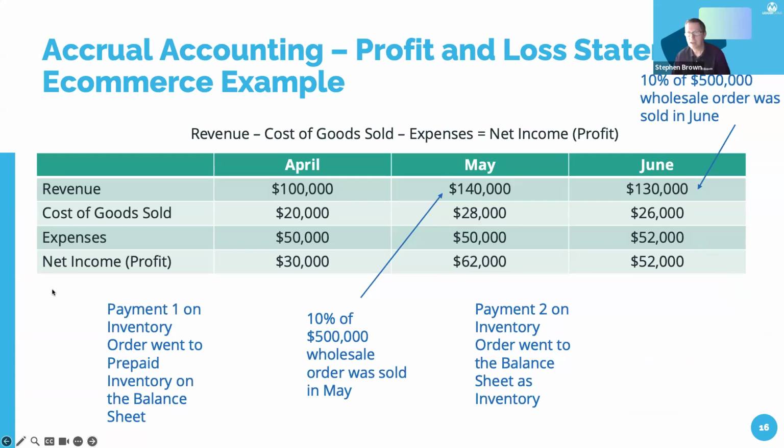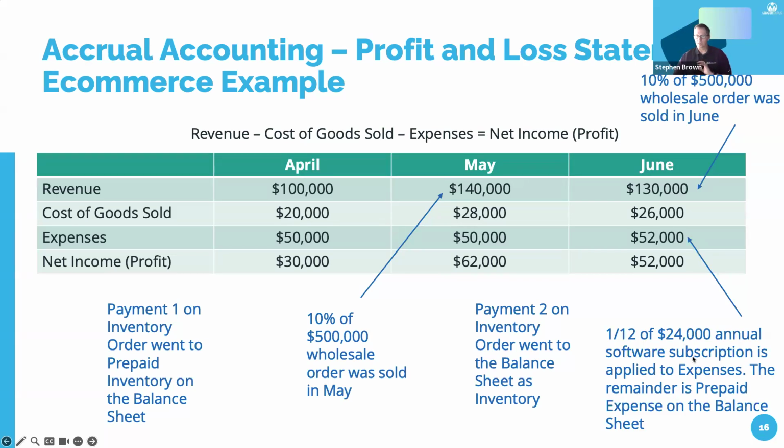Okay, Sarah had a great question. Clarify this concept of the wholesale order. So just to explain this, Sarah, I get a purchase order, and my wholesaler is willing to pay for $500,000 of product all up front.